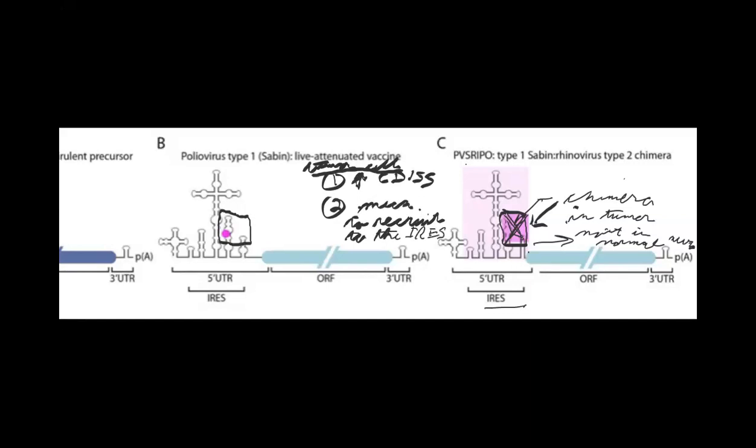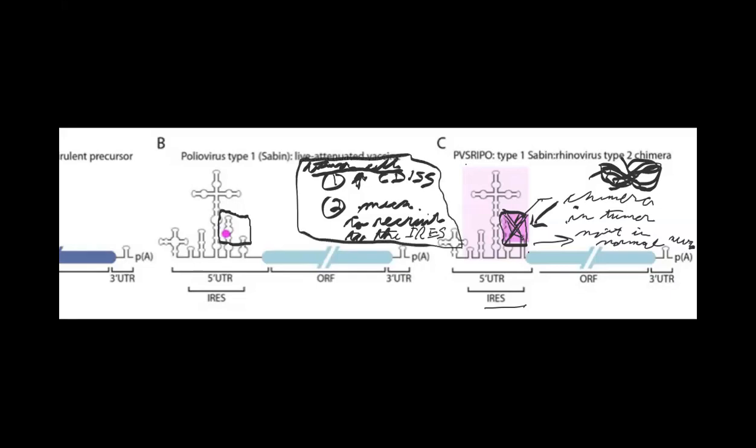And then that'll allow for proteins to be created. And those proteins are going to start to help to elicit an immune response. And then the immune cells start to kill the tumor. And this is only happening in the tumor cell, not in the normal tissue.